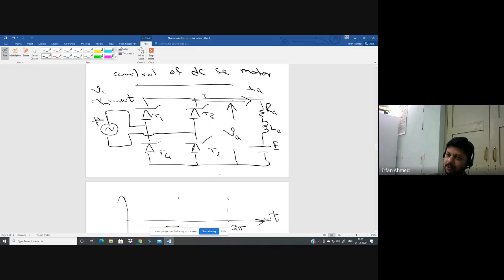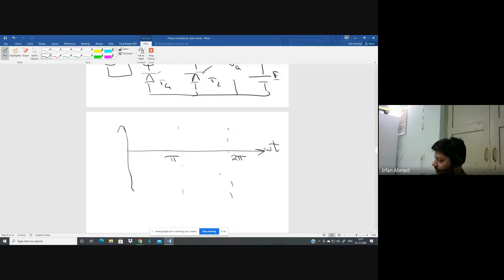Discontinuous means the current will become zero within a cycle. Continuous means the current will never reduce to zero.